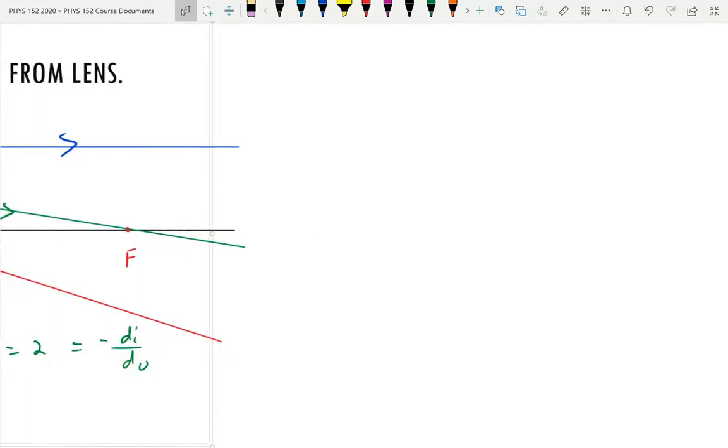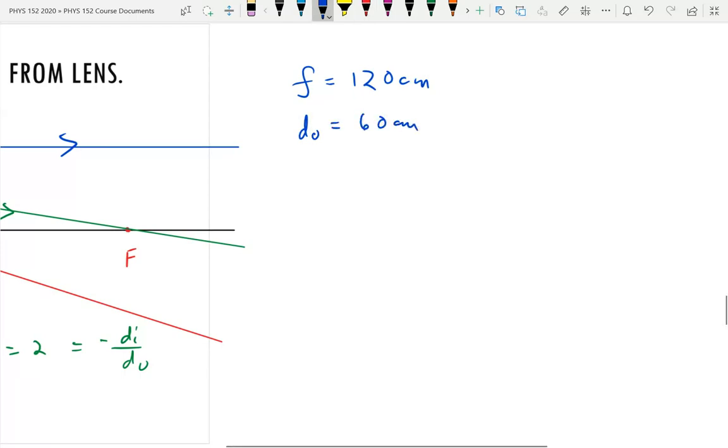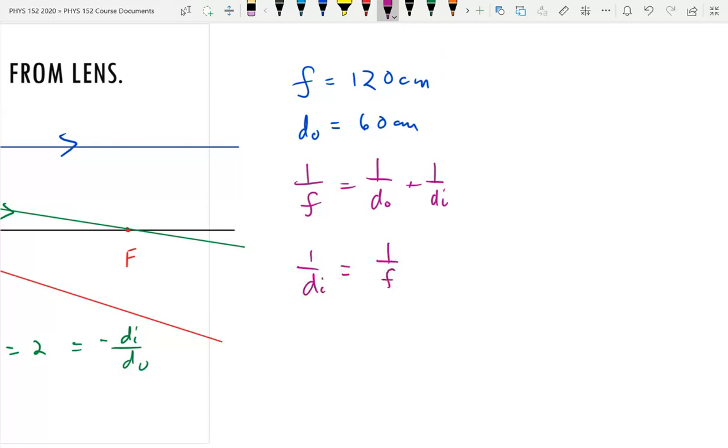So if I'm going to do this mathematically, the numbers we had were focal length equals 120 centimeters, distance object equals 60 centimeters, and then we have our thin lens equation. Since I'm looking for distance image, I'm going to solve this. 1 over distance image is 1 over f minus 1 over distance object.